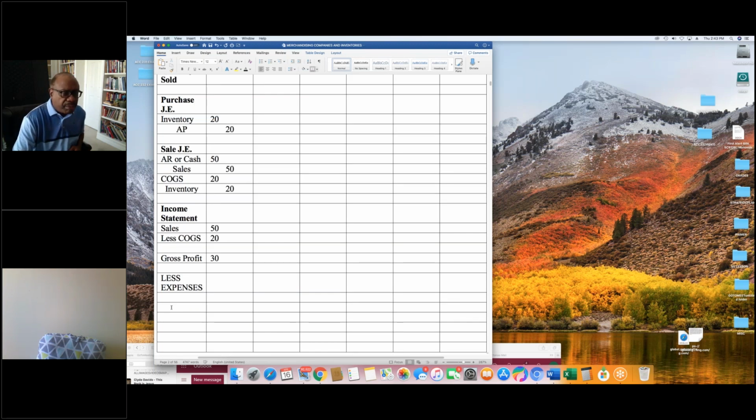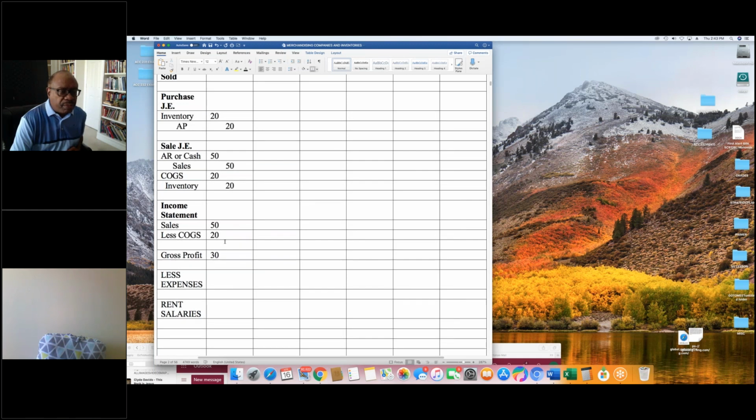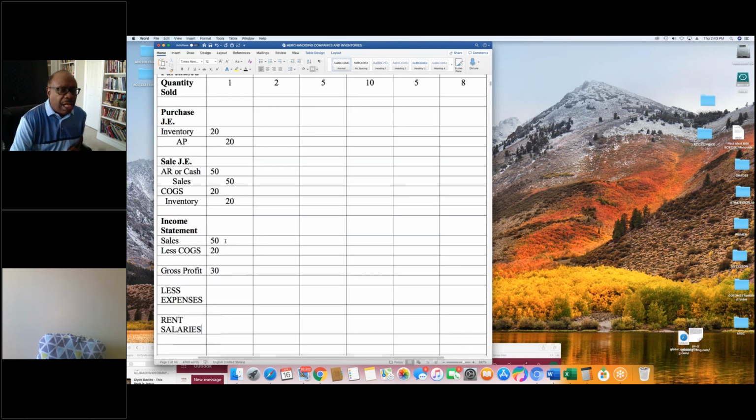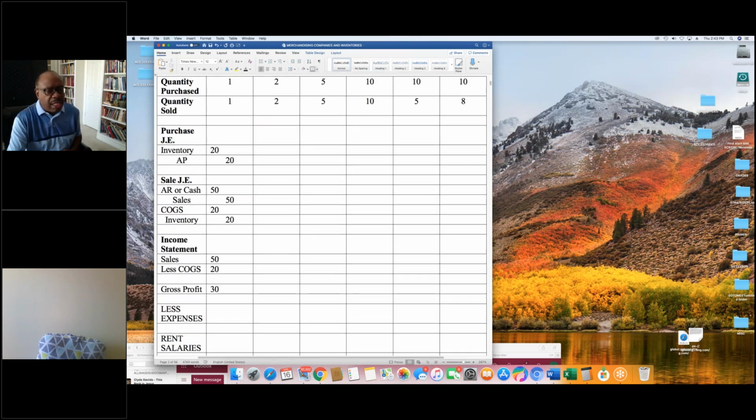So things like rent, salaries would be deducted at this stage after we've determined whether we made a gross profit. So our income statement is going to change, and you should have examples of those in the primer and the material that we're looking at. Are there any questions on selling one pair of shoes? And can everybody sell one pair of shoes?